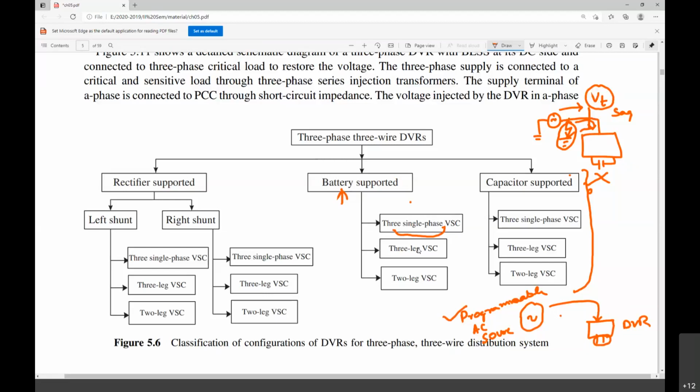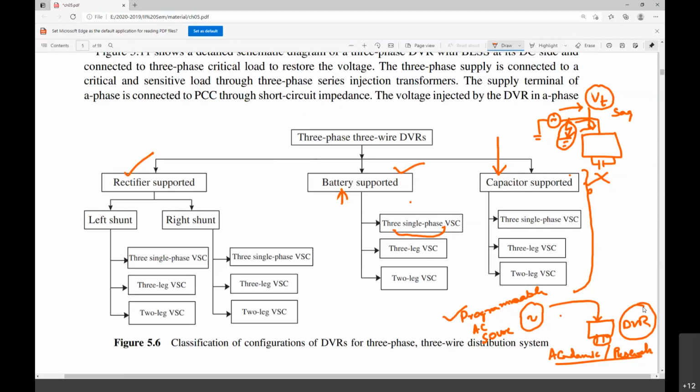This approach is not applicable for the practical application scenario. It is applicable only where they want to check the performance of the DVR, from an academic or research point of view. For that purpose only is this capacitor support applicable, but not practically. Practically, we have to go for a rectifier supported or battery supported.